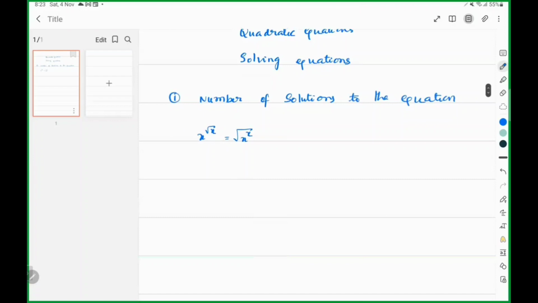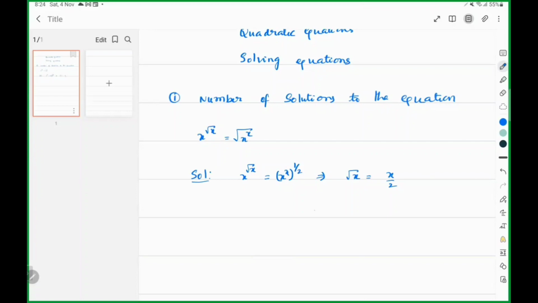Here, generally, how will everybody do it? Root x is x power half. So the left side is x power x power half, and the right side is x power x by 2.